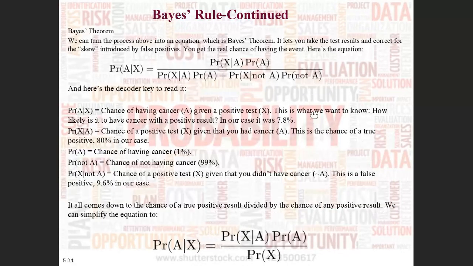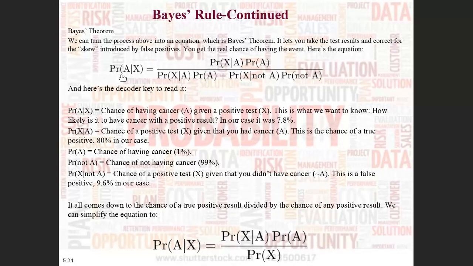I know the formula looks intimidating. Don't worry about it. You can put the process above into an equation, which is Bayes' theorem. It lets you take the test results and correct the skew introduced by false positives, so you get the real chance of having the event. So here's the equation.